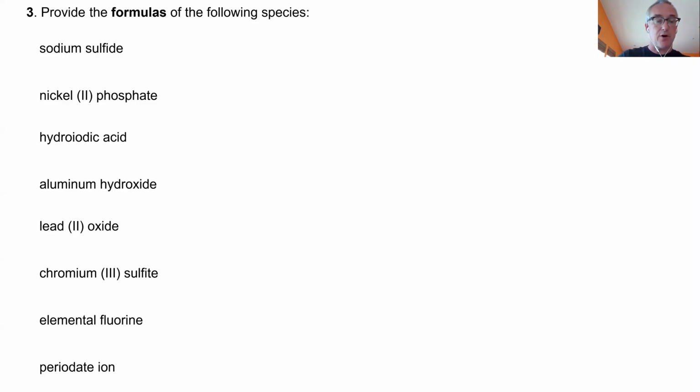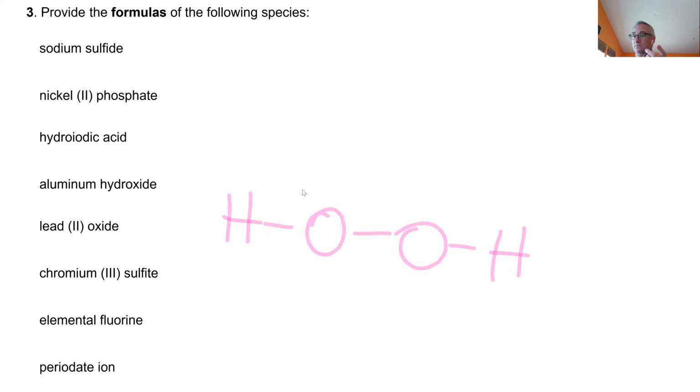So yes, a peroxide is a special compound where you have an oxygen-oxygen bond. This is what hydrogen peroxide looks like. An oxygen-oxygen bond is fairly unstable because oxygen loves to steal electrons away from other atoms. It's one of its favorite things to do.